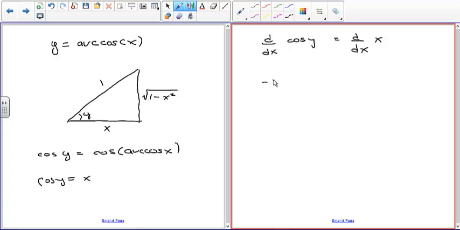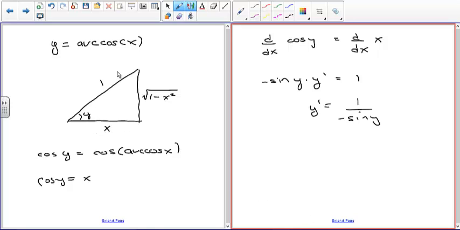We take the derivative of this as we would normally do. So the derivative of the cosine is negative the sine. And then we multiply by y prime. Yesterday it was theta prime. The derivative with respect to x of x is 1. So then we solve for y prime by dividing by this. So we get 1 over negative the sine of y.